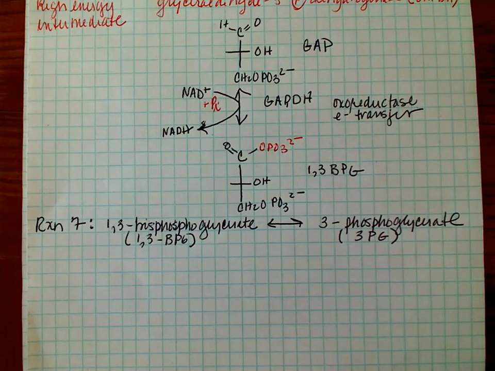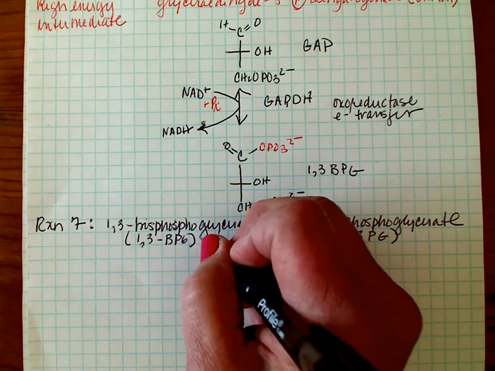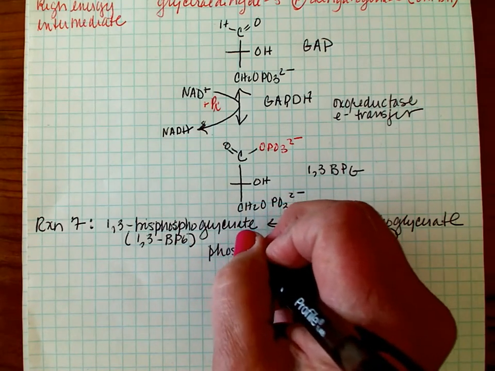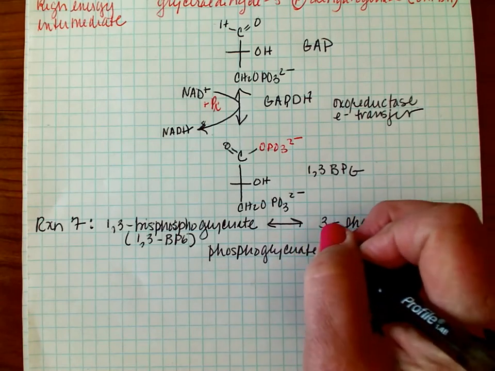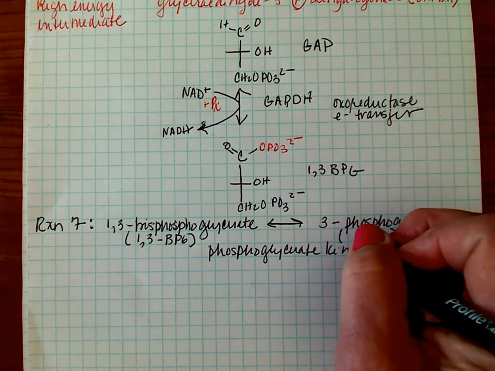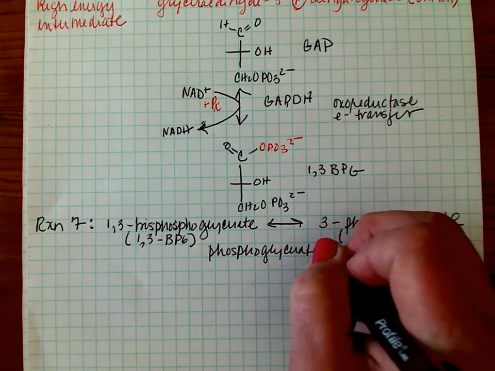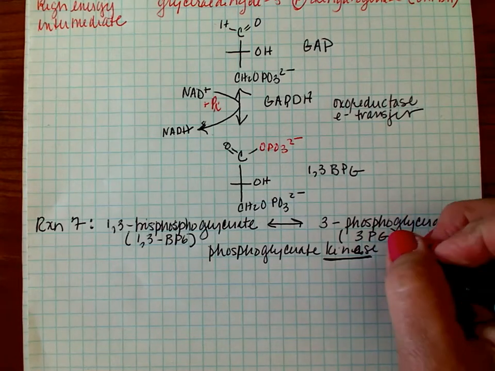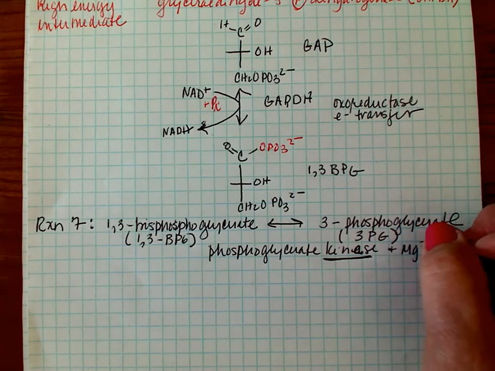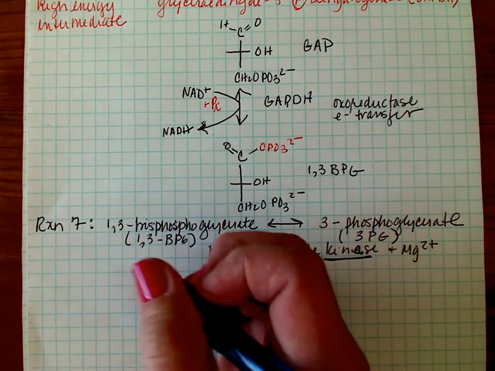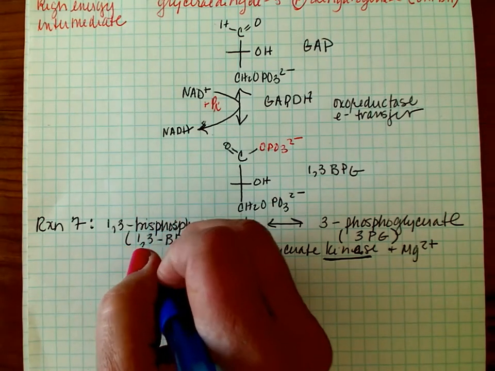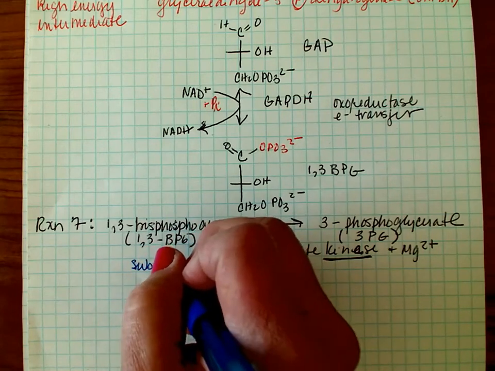The enzyme involved here is phosphoglycerate kinase. Whoops, there's that word kinase again. It is dependent on magnesium ion. And this reaction is a substrate level phosphorylation.